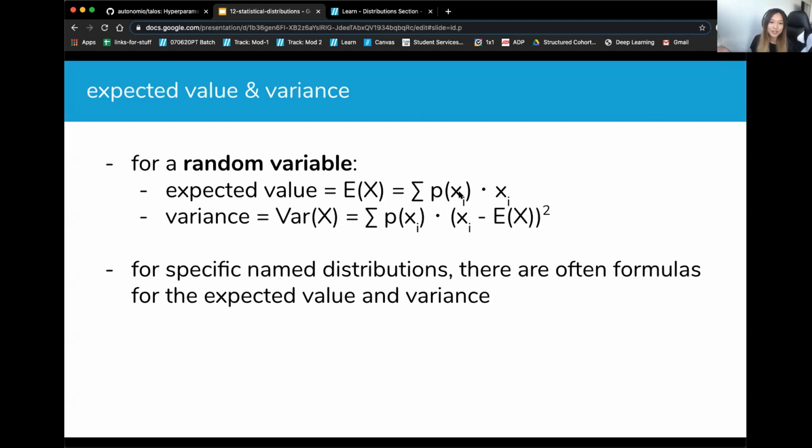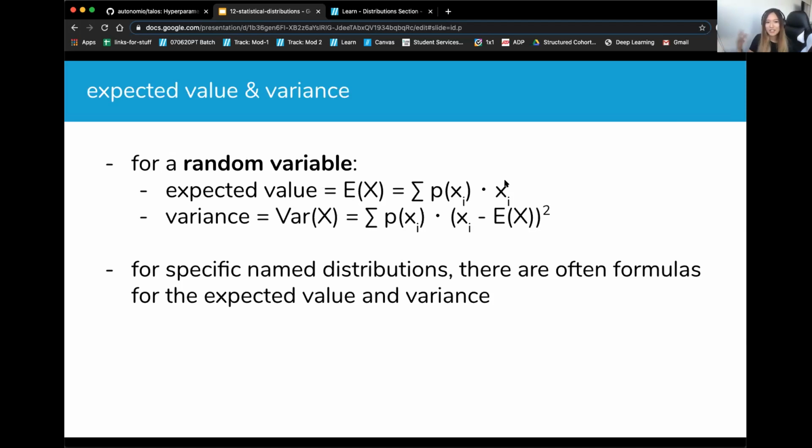Let's use the context of a dice roll. You can get 1 through 6, and each outcome has a 1 out of 6 probability of occurring. So we would take 1 times 1 out of 6, 2 times 1 out of 6, 3 times 1 out of 6, add them all up together, and you end up at 3.5.